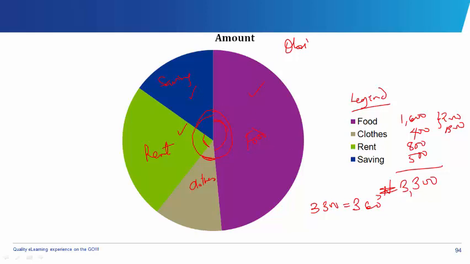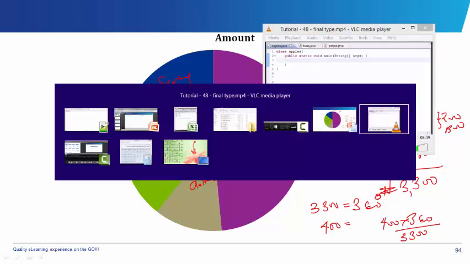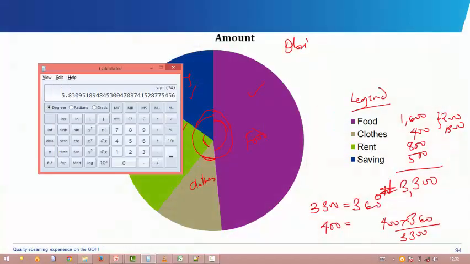Everything is 360 degrees. Therefore, 400 naira will give us what? The degrees will be less or more? Less. So if less, we divide. Now we have 400 times 360 divided by 3,300. So when we solve this, it will give us the answer we are looking for.